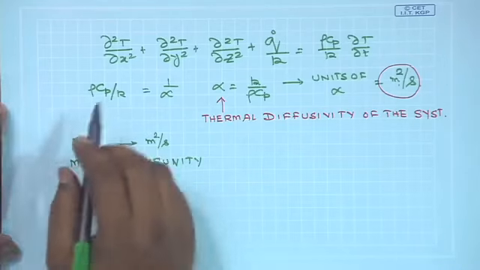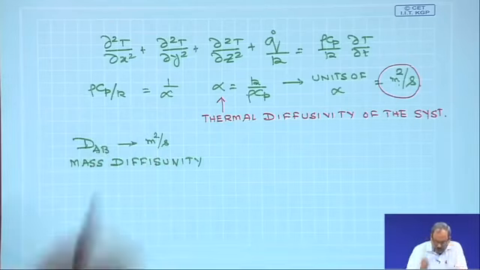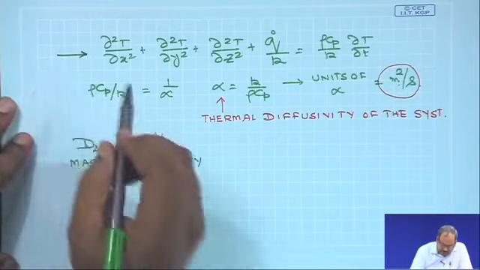But the fact that all three have the same unit would possibly have led people to think that it is possible to use the same type of analysis for heat, mass and momentum transfer. So, the fundamental equation which we now have for conduction is this.